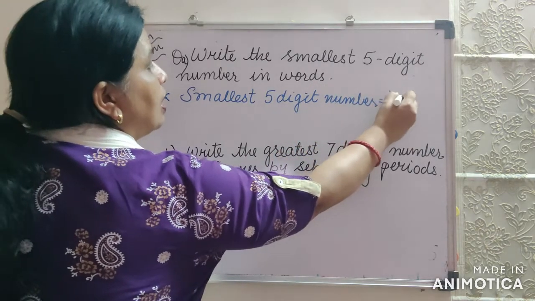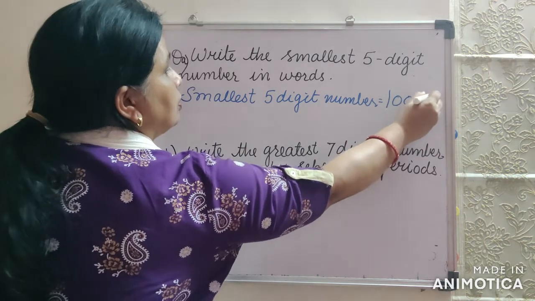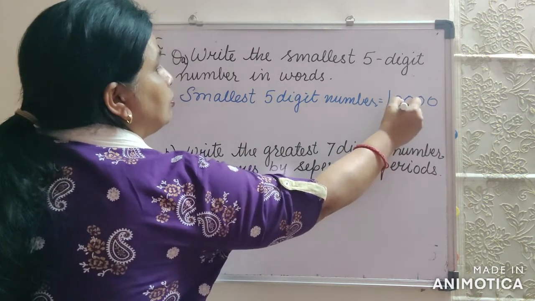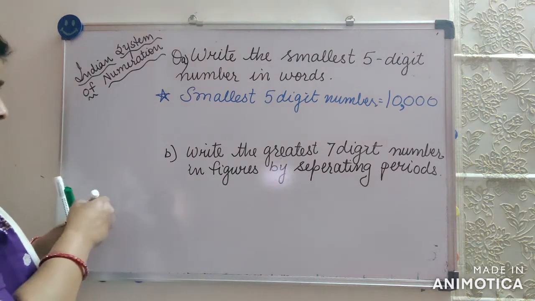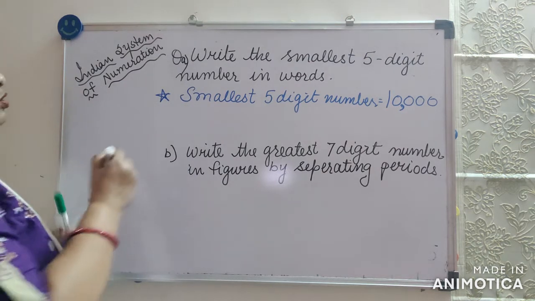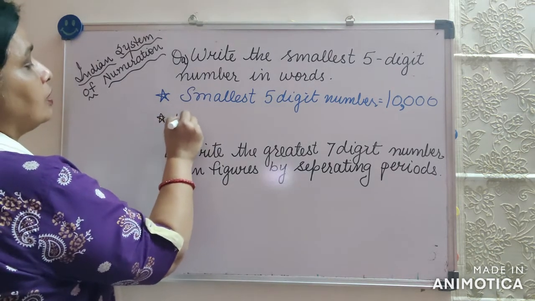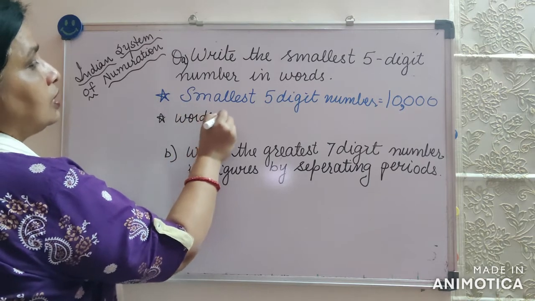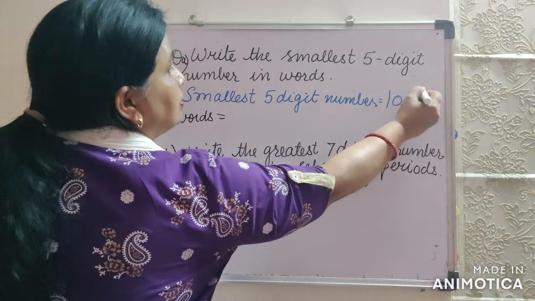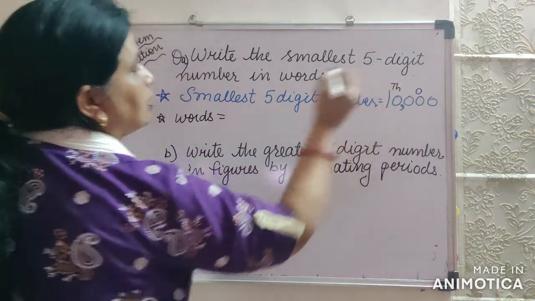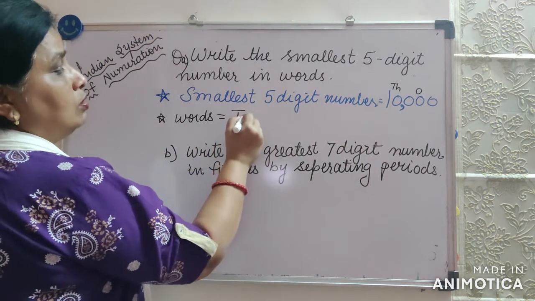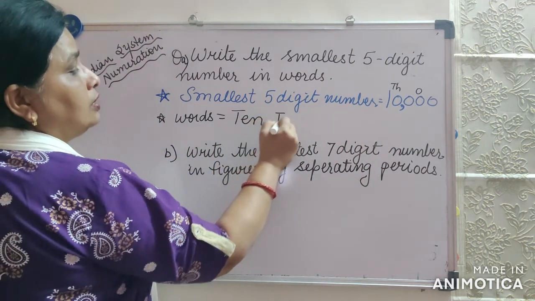As you know, 1 and 4 zeros. After that, the most important thing, you put the comma. And after that, you write down in words. This is the ones period. This is thousand. So you will write down the answer 10,000.